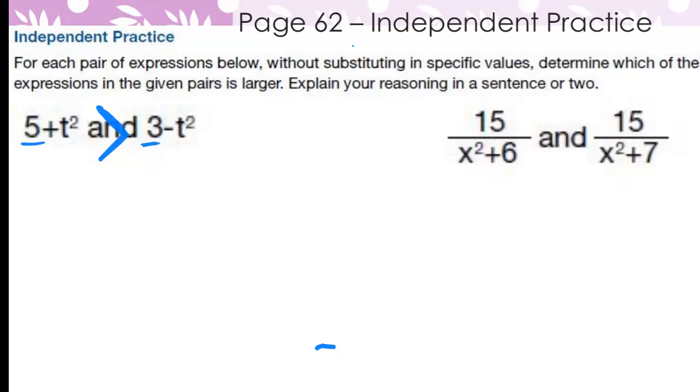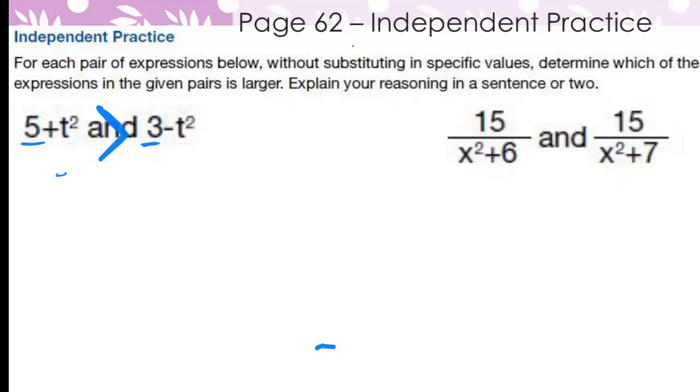Obviously. Right. And it's t squared, so whatever that answer is, it's going to be positive anyway, right? So 5 plus a number is going to be a larger number than 5, whereas 3 minus that same amount is going to be smaller than 3. Okay?